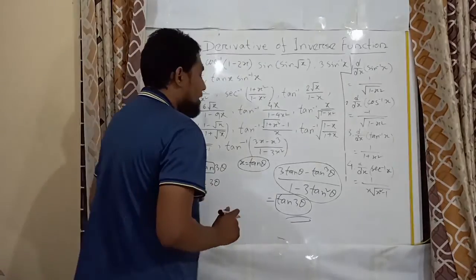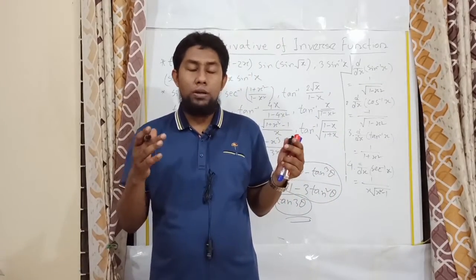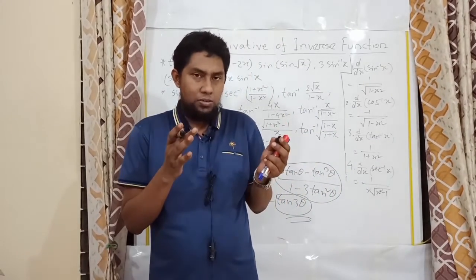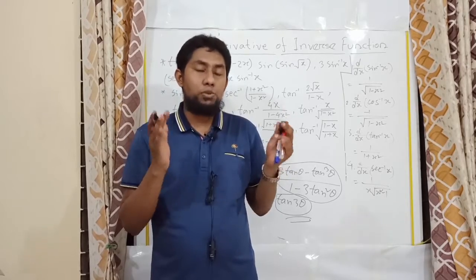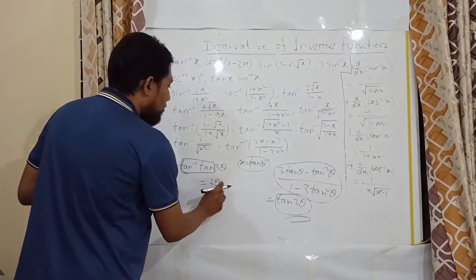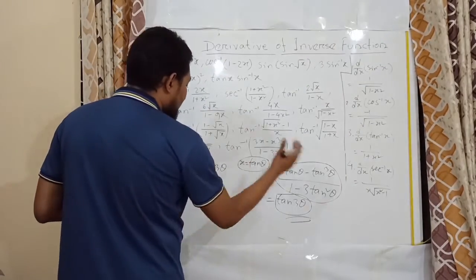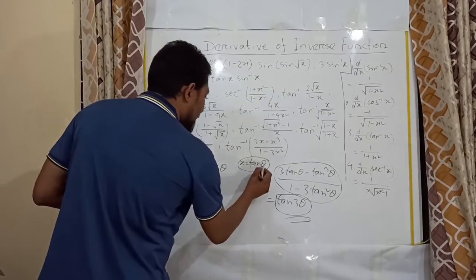As our function was y equal to f of x, we have expressed it in terms of theta, so we have to go back to the form in x. So theta equal to what?